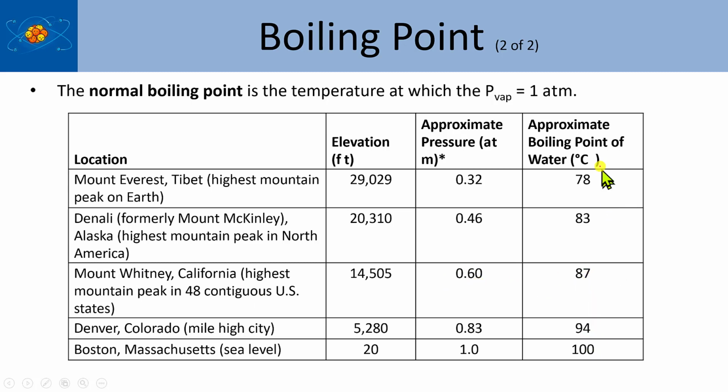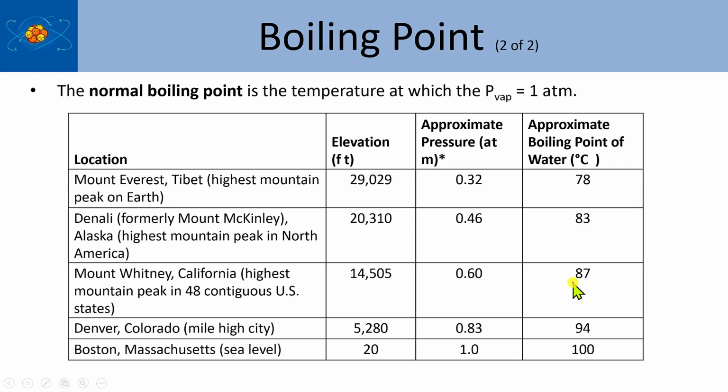So the higher the altitude you go, the lower the boiling point of the liquid, because the atmospheric pressure is lower. So this is a problem for people who go camping and like to cook pasta or rice. One of the things that happens often is they can't get it to cook properly. And the reason is cooking is dependent on temperature.